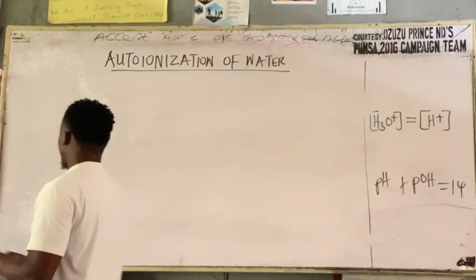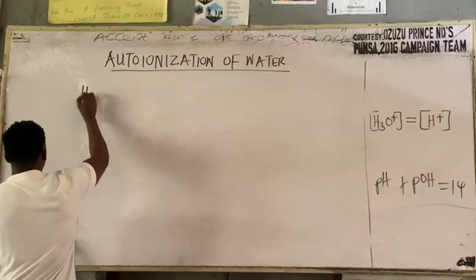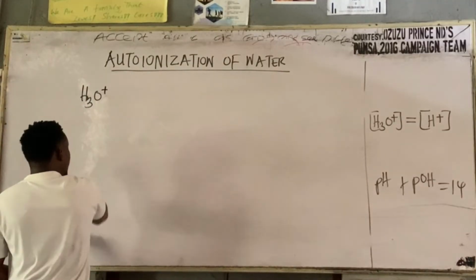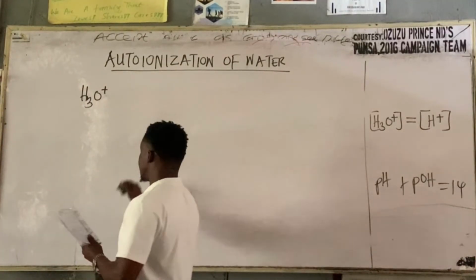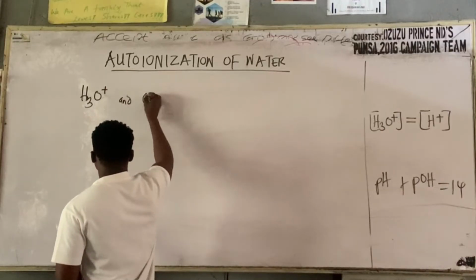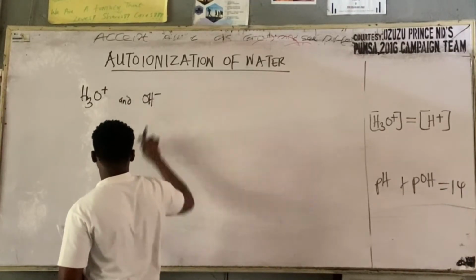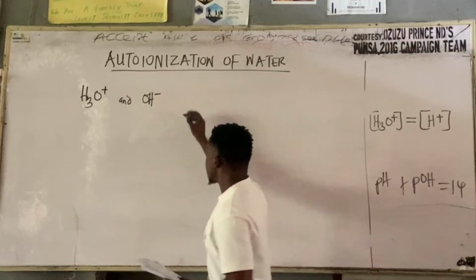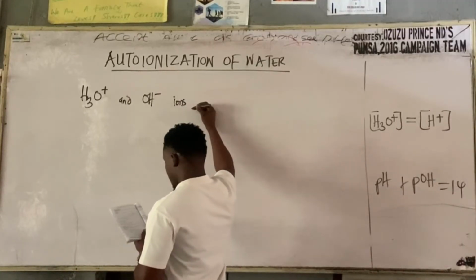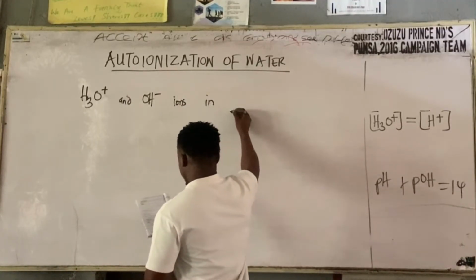Calculate the molar concentration of H3O plus and OH minus ion in this.